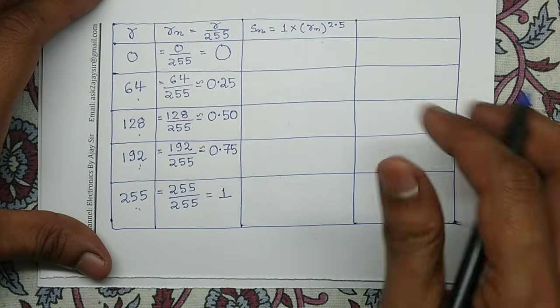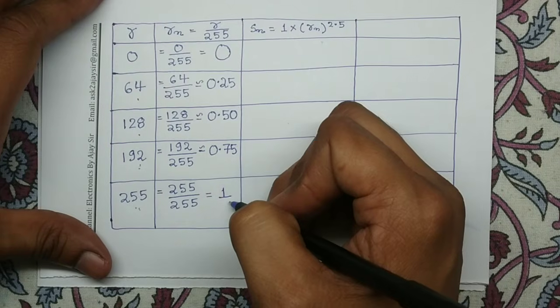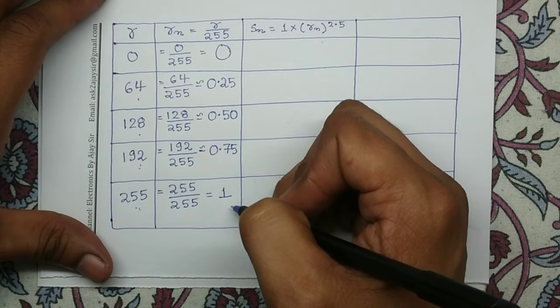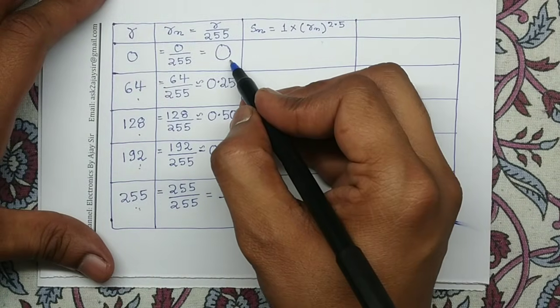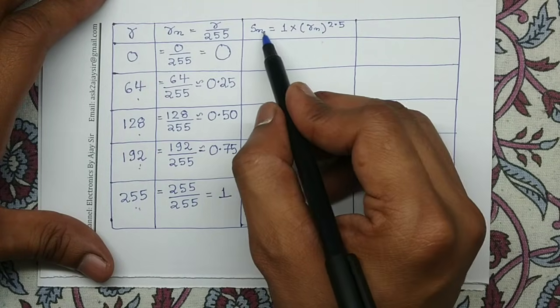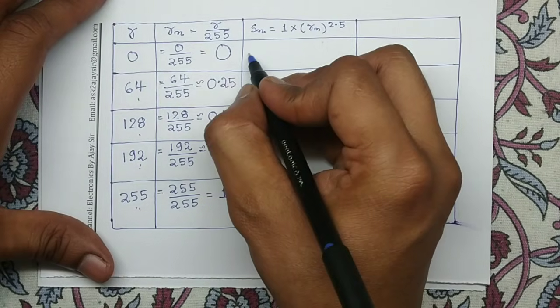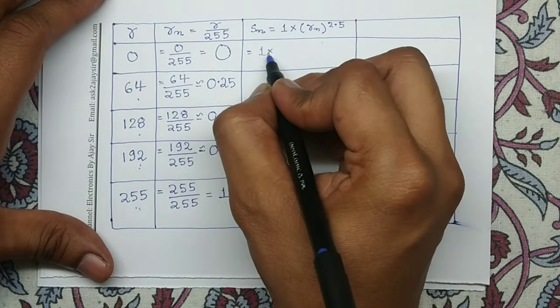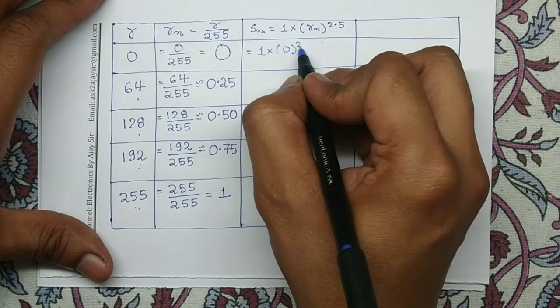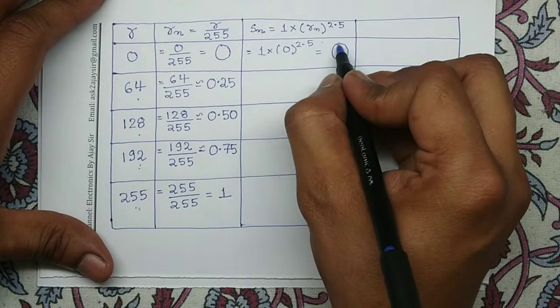One by one, on these normalized input intensity values, we will perform the power law transformation. First, when Rn equals 0, we will determine the value of Sn. In this equation of Sn, in place of Rn I will substitute 0. So it is 0 to the power 2.5, which equals 0.